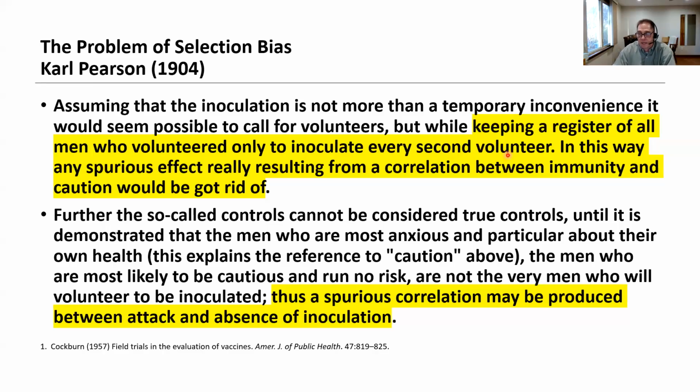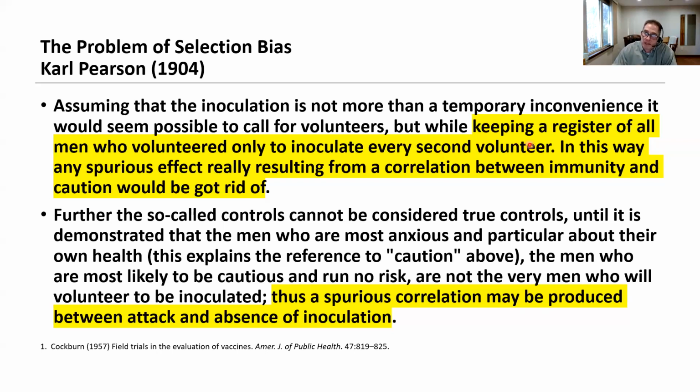second volunteer. So picture a line of men standing outside his hospital waiting to get a vaccine or not. The first one that comes in, he gives a vaccine to, the second one he doesn't, the third one he does, the fourth one he doesn't. It's just this every-other-one decision rule.